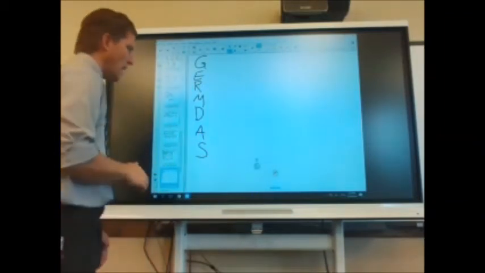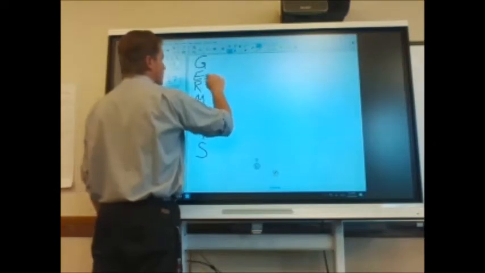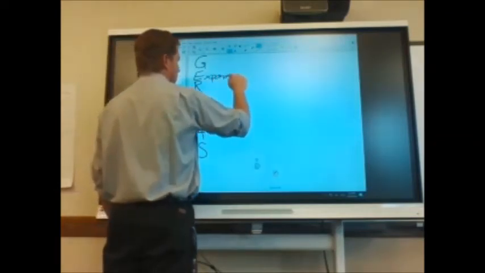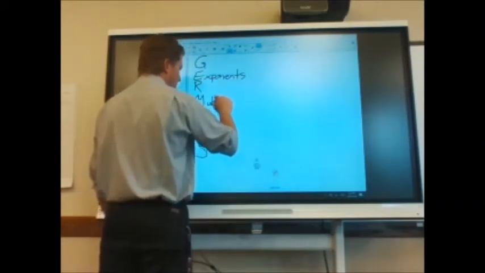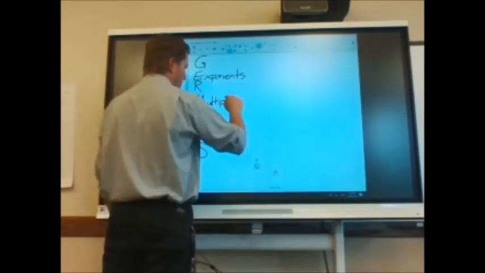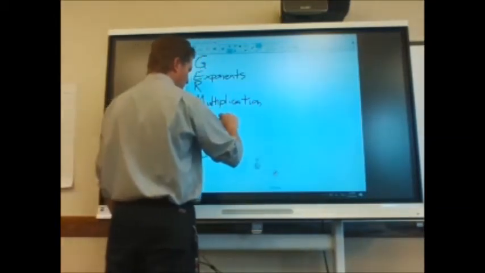JERMDAS has several of the same things in there, okay? E is exponent still. M is multiplication. Division.